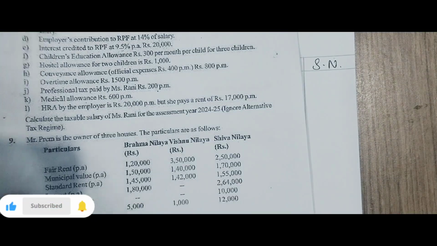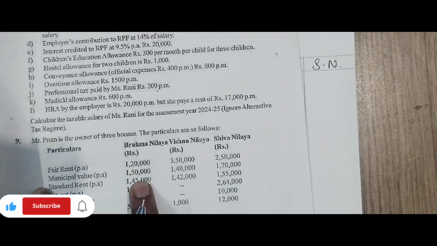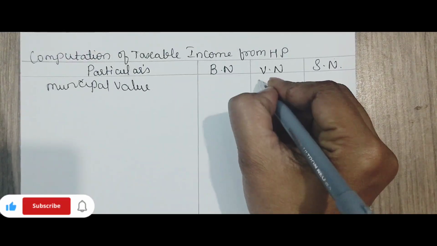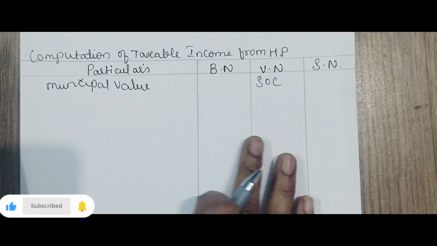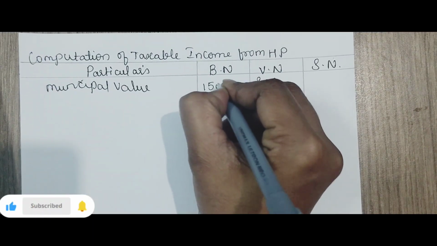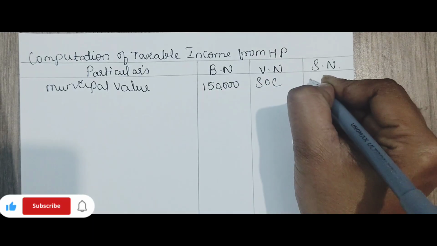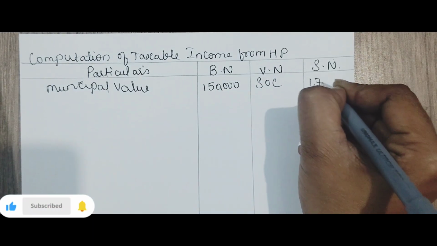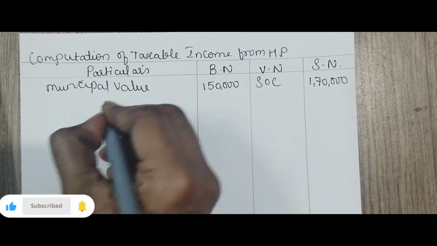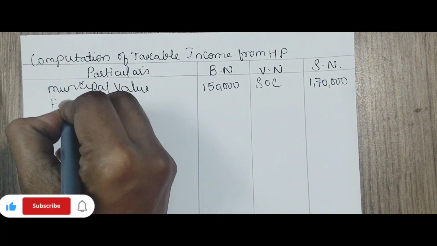What is the municipal value? Municipal value is 1,50,000. This we are not going to consider 1,70,000, self-occupied property. 1,50,000 and 1,70,000. With this, we are comparing the fair rent.